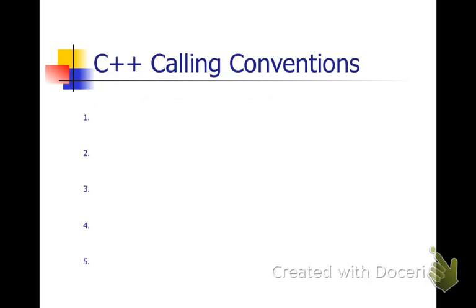We have to understand these if we are going to successfully link any high level with assembly language code. So, the one I'm going to show you is one of, oh my goodness, so many different C++ calling conventions. The one I'm going to show you is called __declspec, DECLSPEC, declare spec.